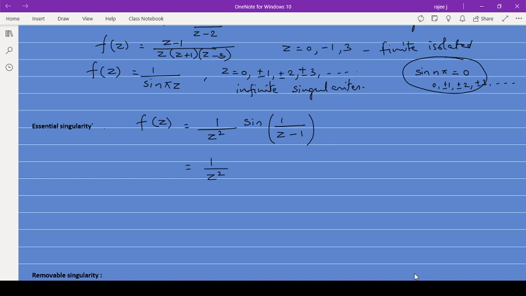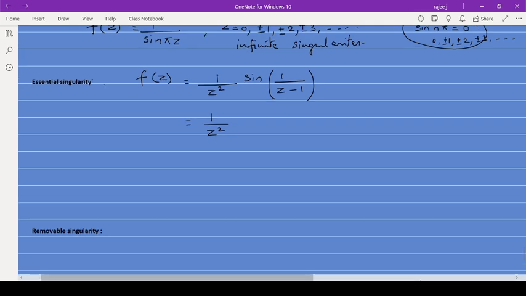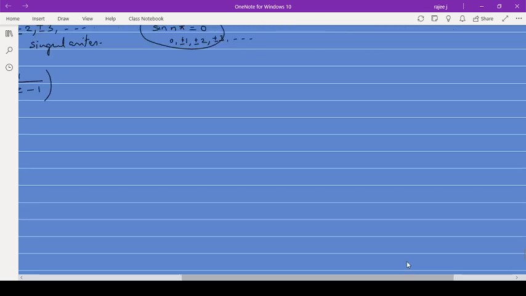So here we have the expansion for sine. I think last day I had given the expansion of sin z. I hope you remember that.